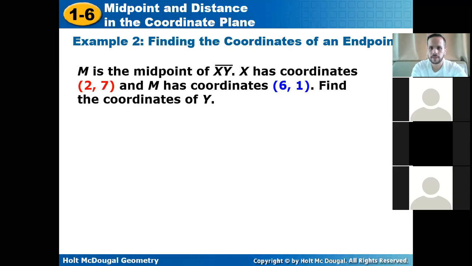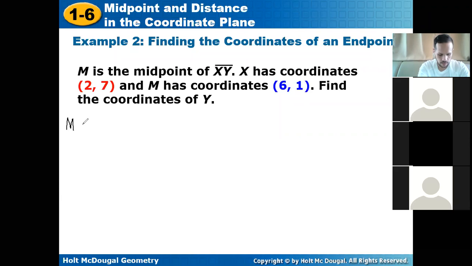Voy a escribir para que lo vean. So we're gonna start looking at the coordinates of Y. So let me show you the midpoint formula. The midpoint formula we have seen so far is this one.